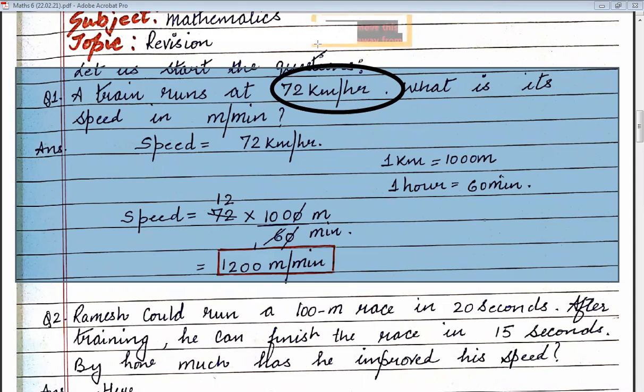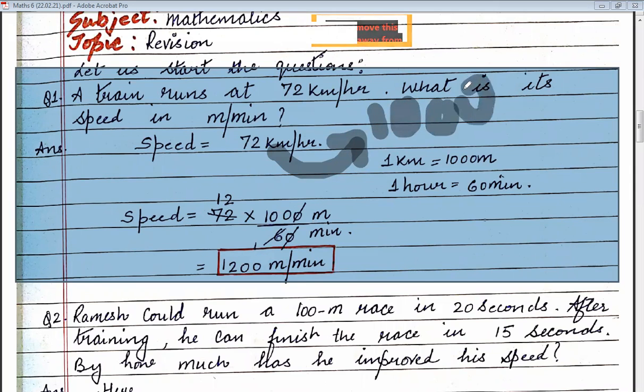Now you have to convert this speed into meter per minute. How will you do that? You know that 1 kilometer is 1000 meter, and 1 hour is equal to 60 minutes.